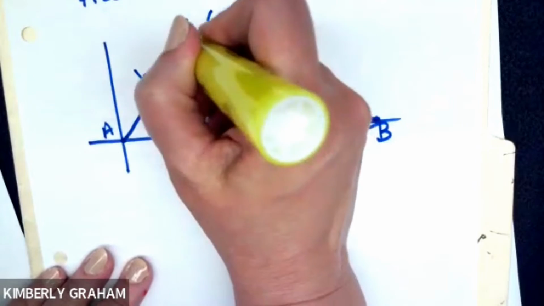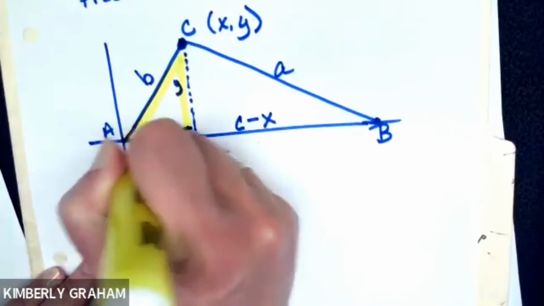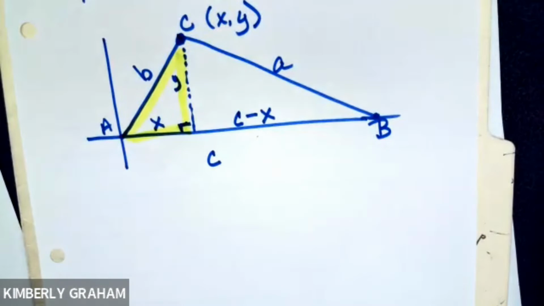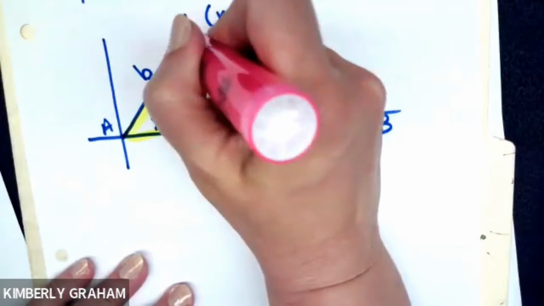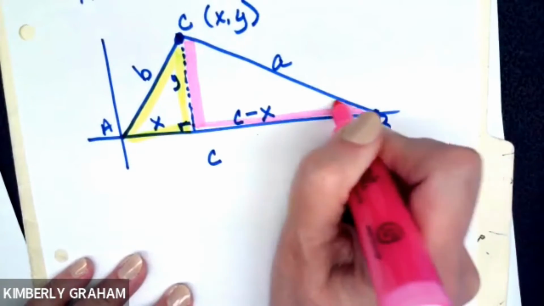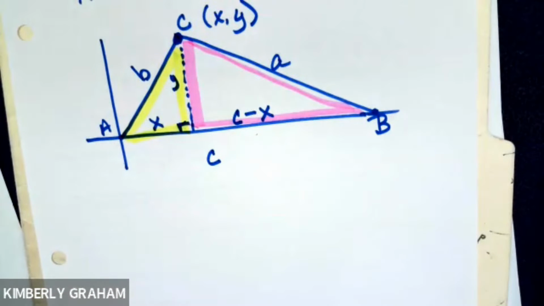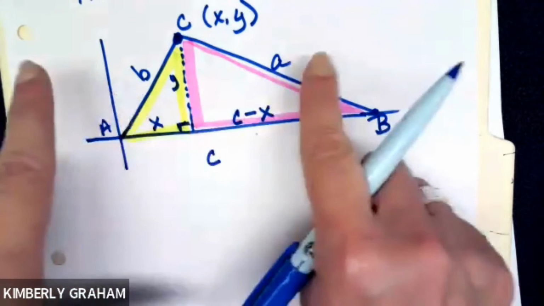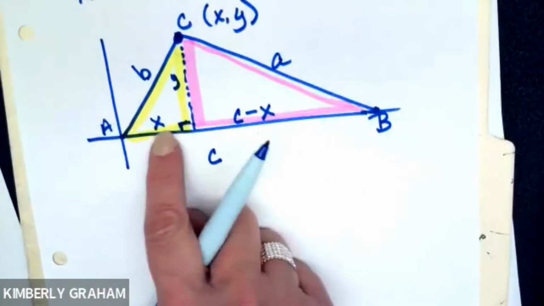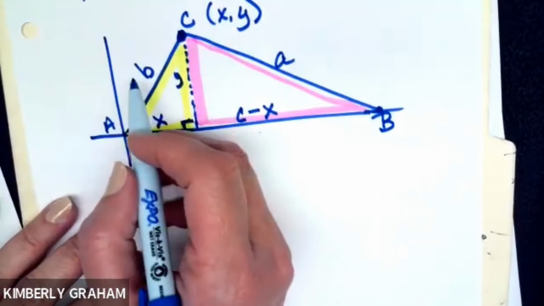Now, just to make things a little bit easier to see and talk about, I'm going to highlight that, make that yellow triangle. That's a right triangle. And this is in pink. That is also a right triangle. Now, what I'm going to do is use the Pythagorean theorem for both of those triangles. Normally you say a squared plus b squared equals c squared, but my a and b are not in the right triangle. So it's the 2 legs squared equals the hypotenuse squared.